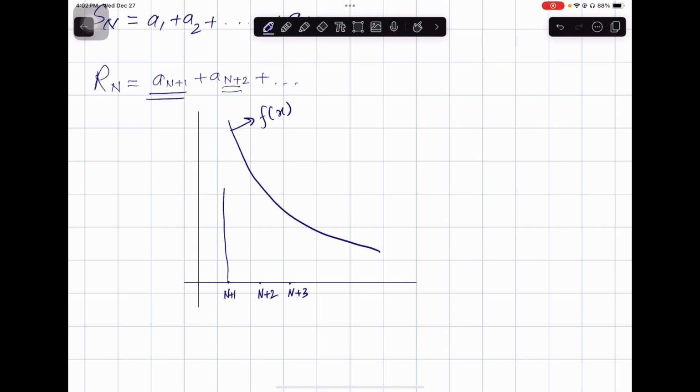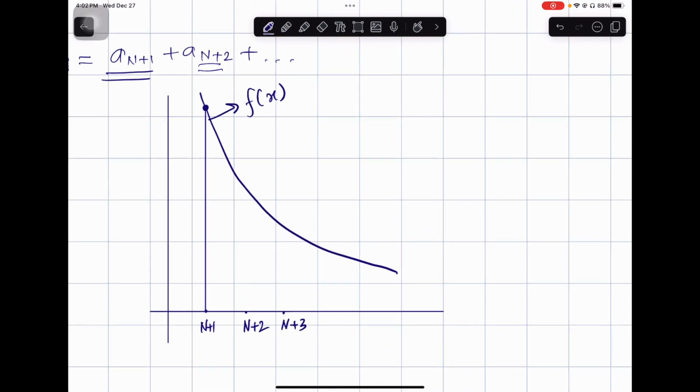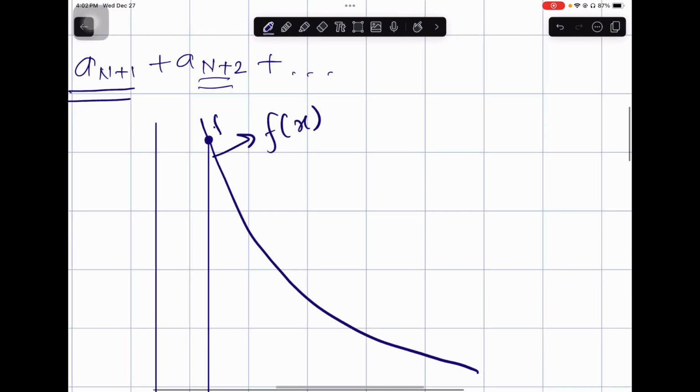The points that correspond to them on the y-axis would be, let me extend this, extrapolate. Okay, so this is the point on the y-axis corresponding to n plus 1. So it would be f(n+1).